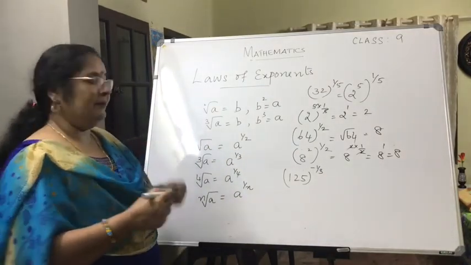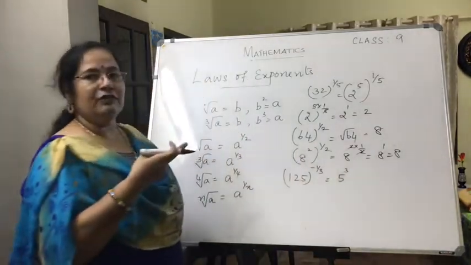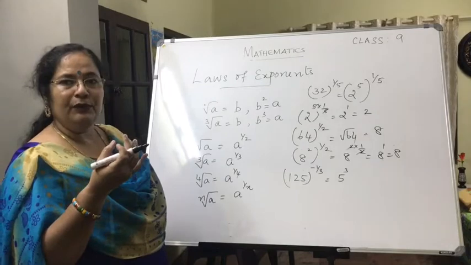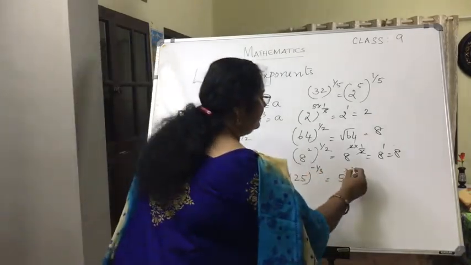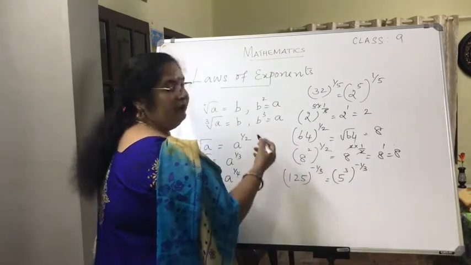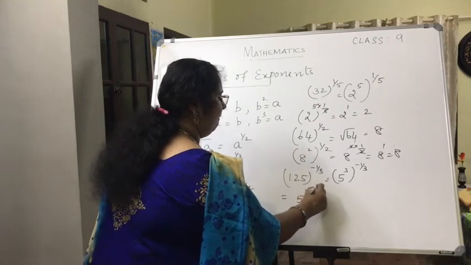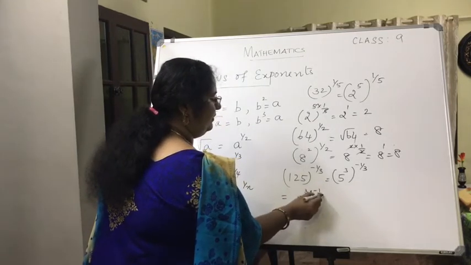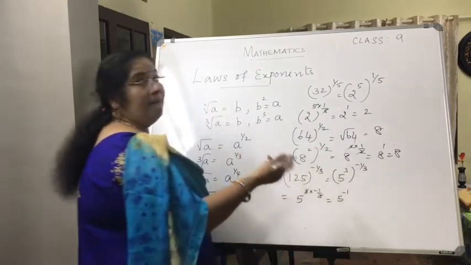This will be 5 raised to 3. 5 raised to 3 is 125. 5 into 5 into 5. 5 into 5, 25. 25 into 5 is 125. So 5 raised to 3 the whole raised to minus 1 by 3. Again power of power. This will be equal to 5 raised to 3 into minus 1 by 3. This 3 and 3 get cancelled. What is remaining? 5 raised to minus 1.